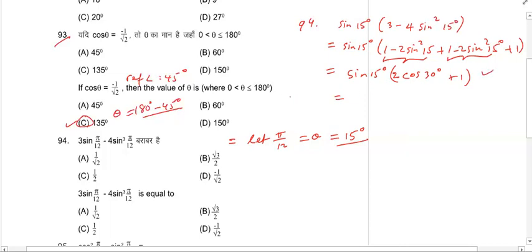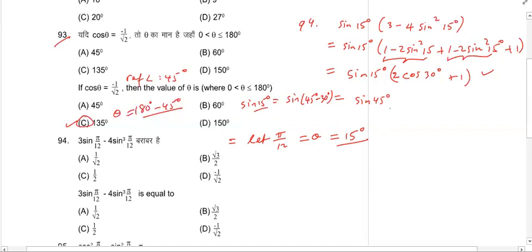So 2 cos 30 plus 1, that is sorted out. But for sine 15, what we can say is sine of 45 degrees minus 30 degrees, which is sine of 15 degrees. Actually, we could have just worked out sine 15 degrees and substituted it in. This is a very important angle to work out.